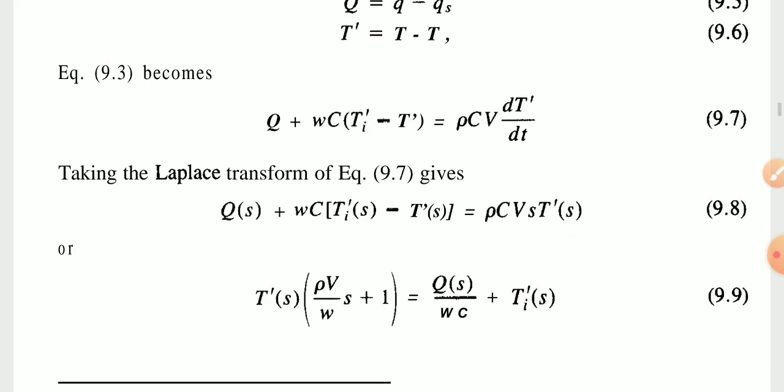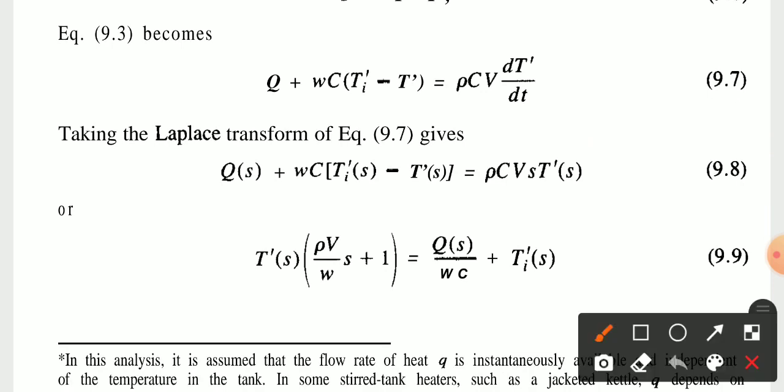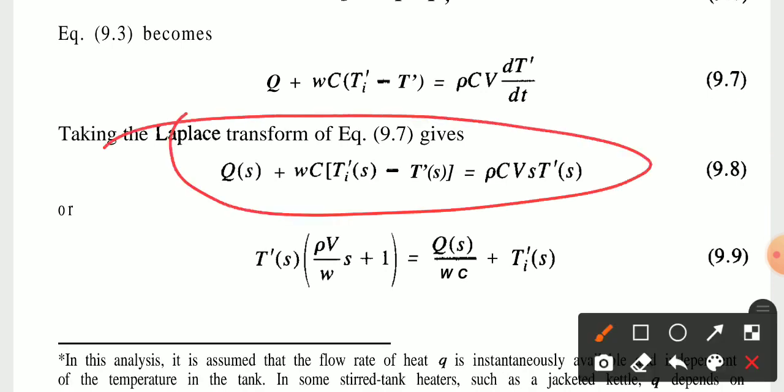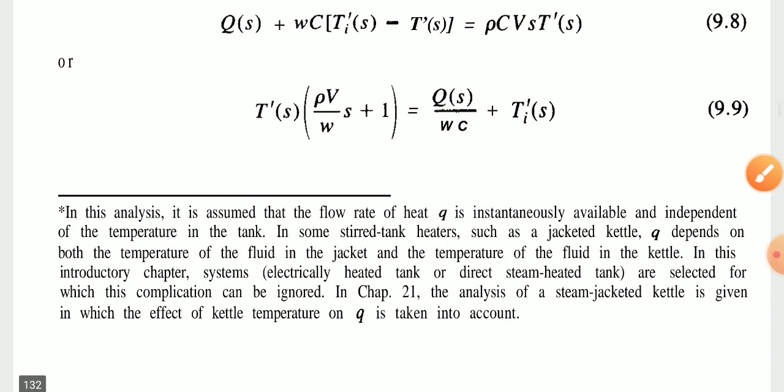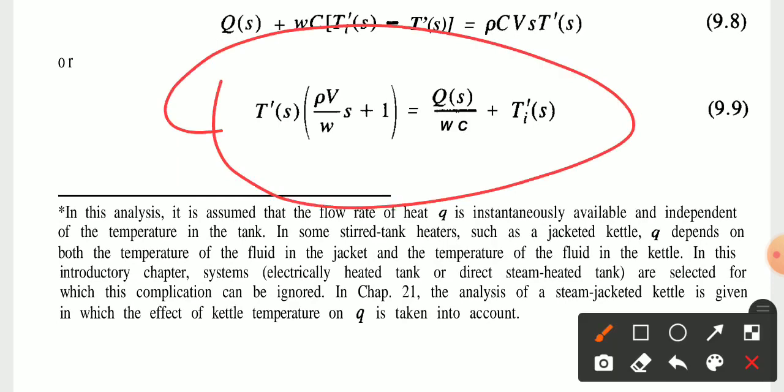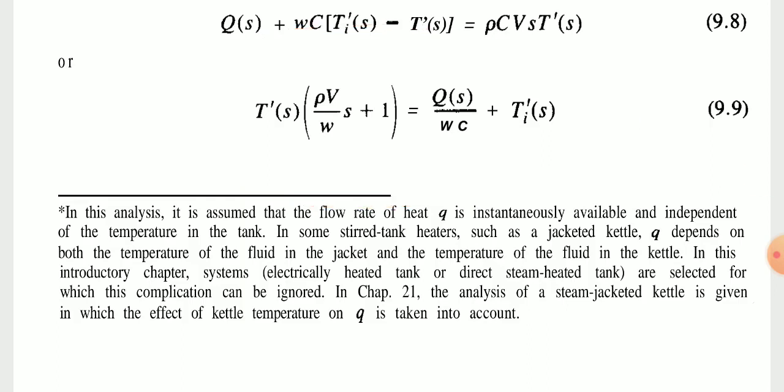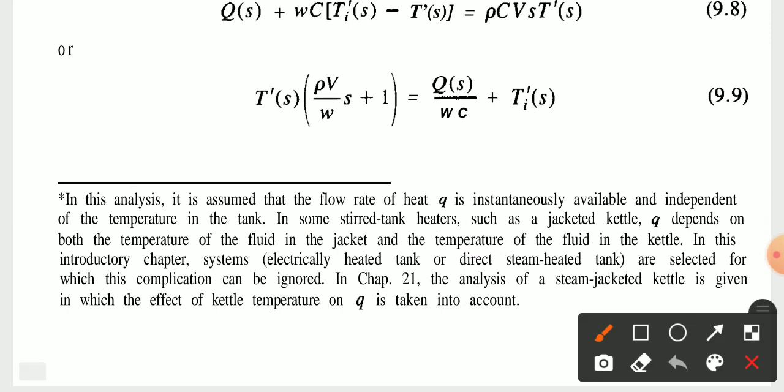And then taking the Laplace transform of equation 9.7, we get for this basis equation Q dash of s plus Wc (Ti dash of s minus T dash of s) is equal to rho Cv s T dash of s. Okay, then after this equation, on this basis we arrange T dash of s as rho V by W s plus 1, rearranged and solved the equations, so it comes out like this.